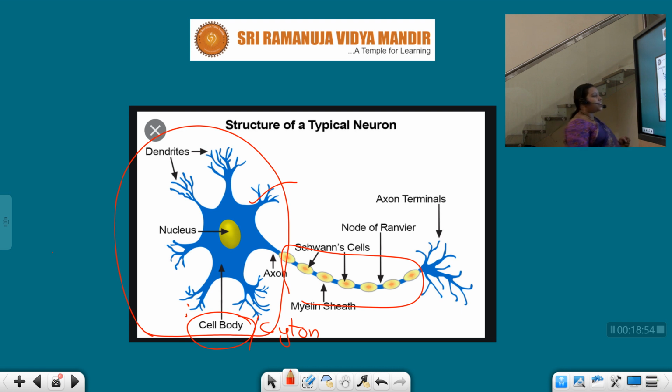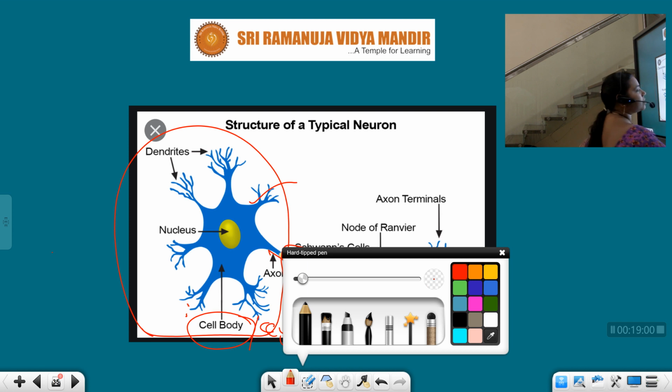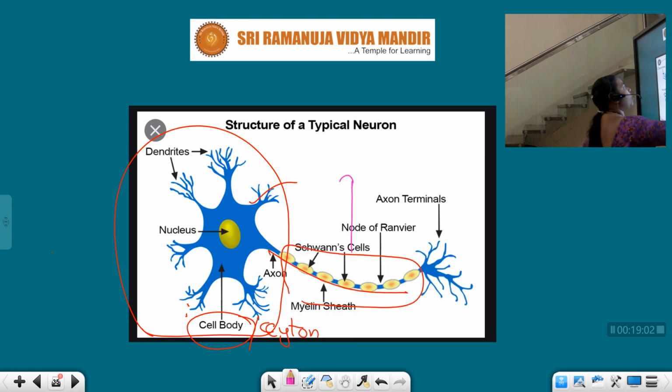There is an extension from this cell body. A long extension is there, right? And this is the axon, the second important part of the neuron. This axon mainly helps in the transmission of impulse from the cell body of one neuron to the other neuron.